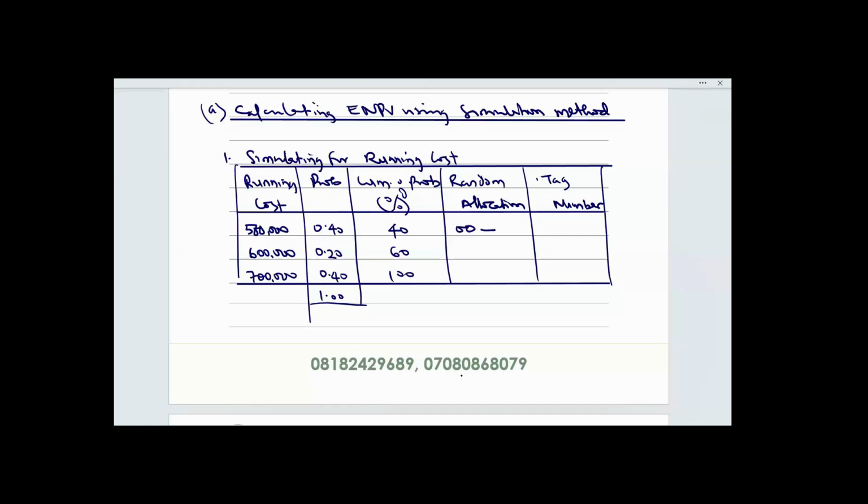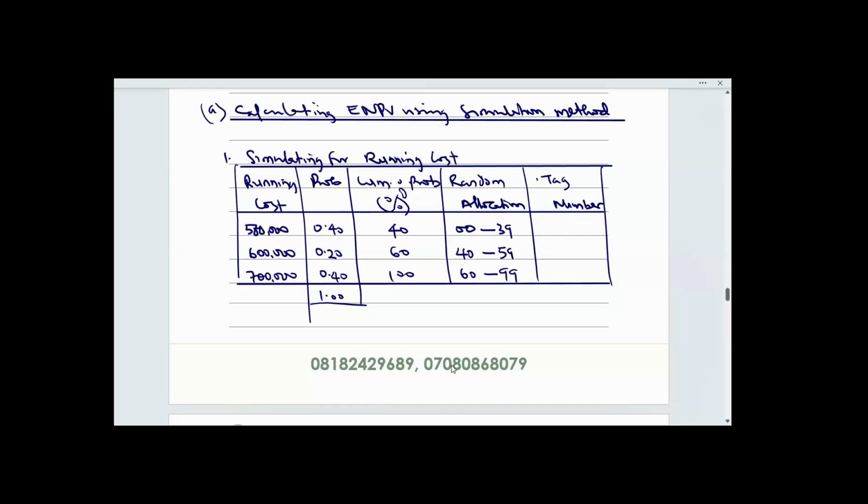From your cumulative of probability, the first one is 40, therefore 0 to 39. After 39 is 40, to 59. After 59 is 60, to 99. Your random allocation is just like a class interval.